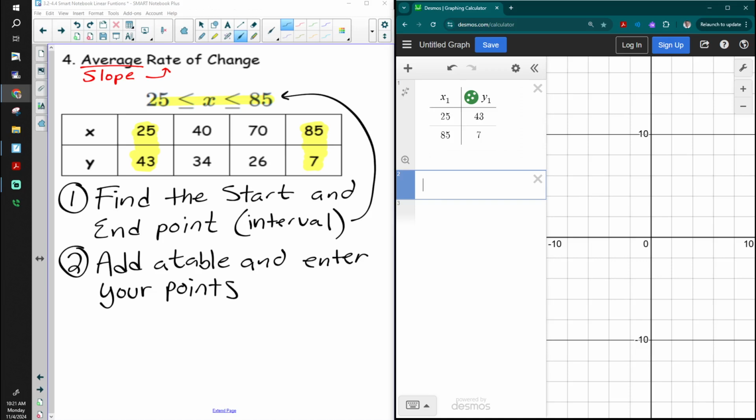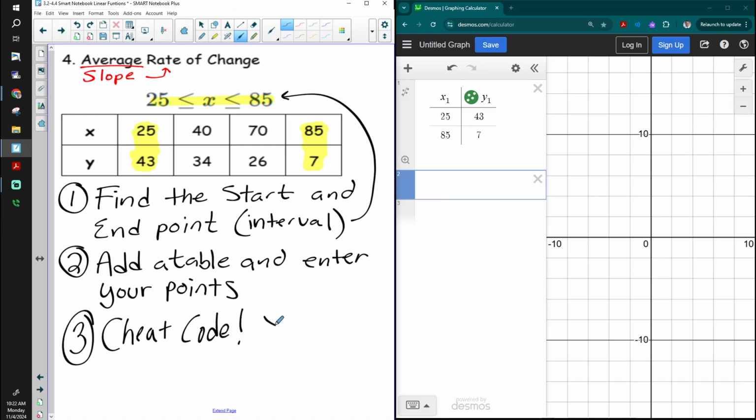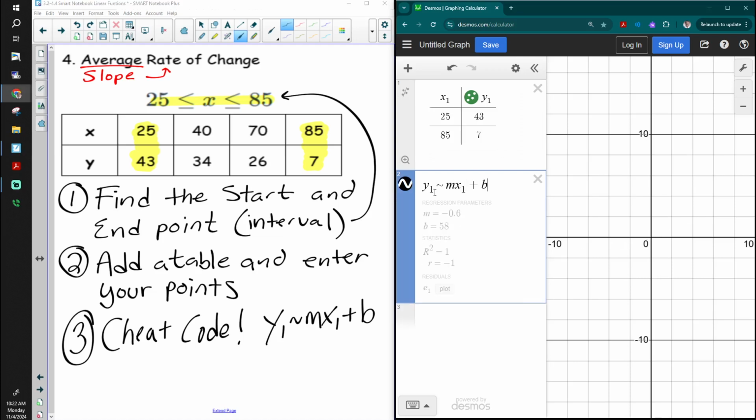I have to choose that start and ending point. And then we put in our cheat code. Y1 squiggly mx1 plus b.